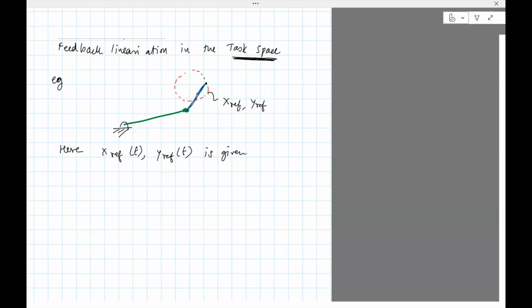Okay, and the question is, how to control the joints.